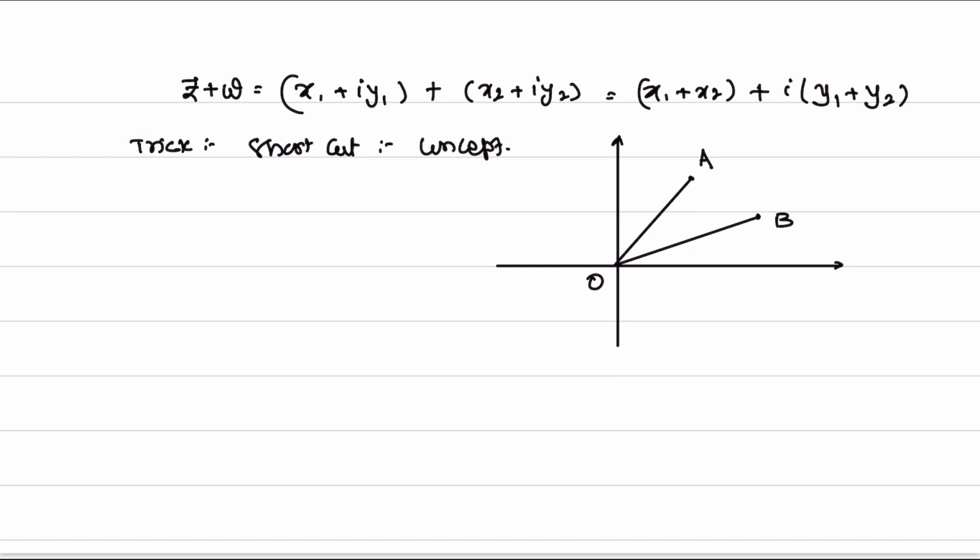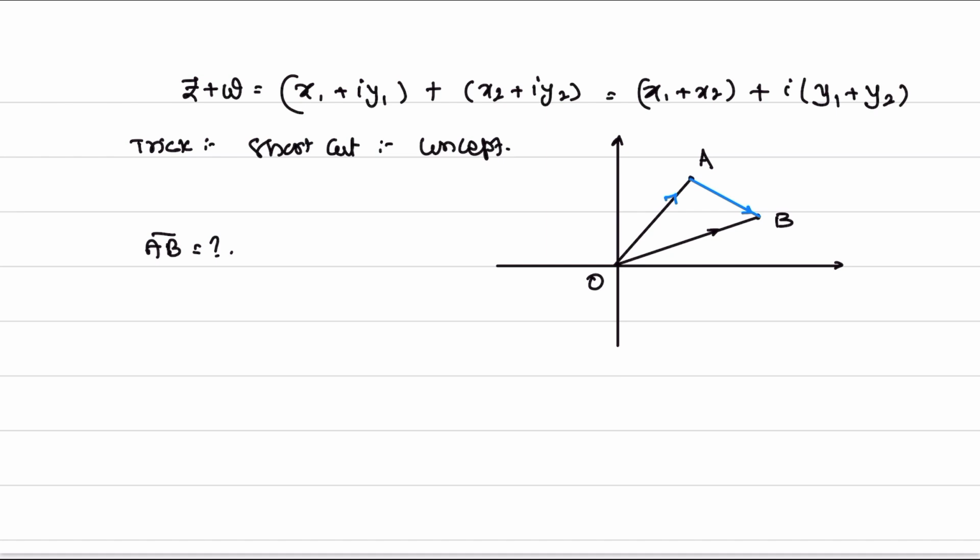What is the value of AB? AB is equal to how much? I want to know. A vector will have both direction and magnitude. OA is in this direction, OB is in this direction, AB is in this direction. Any point A gives a position vector. OA is a position vector.